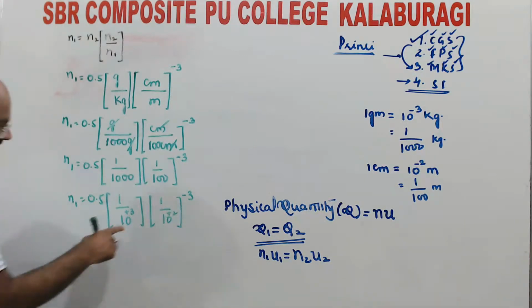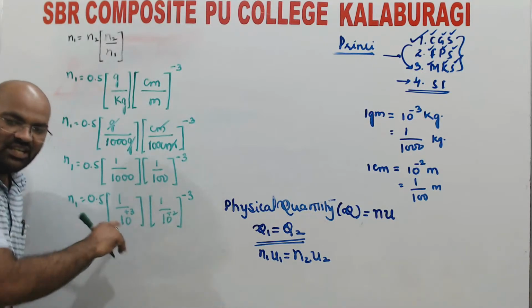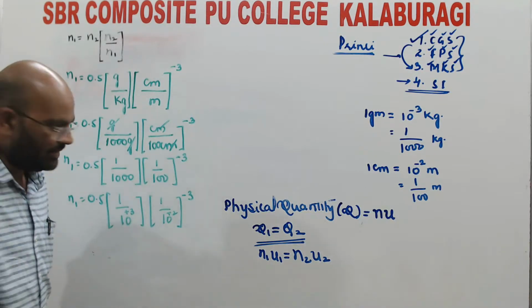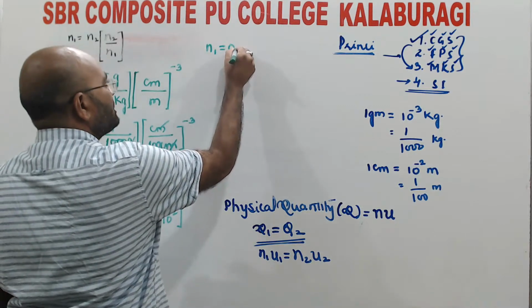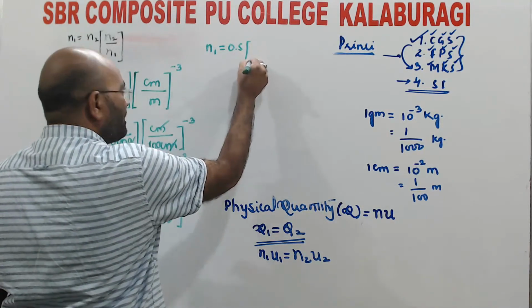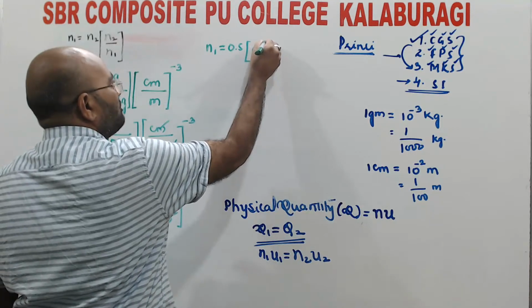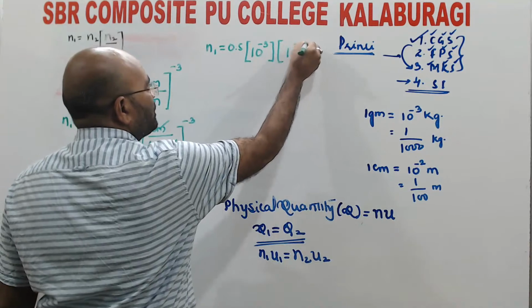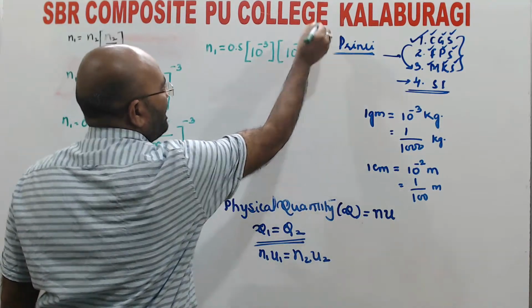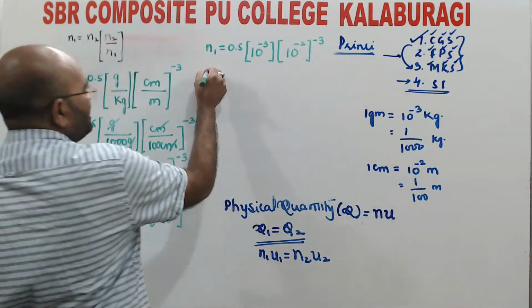Then simplify this. When a power is in the denominator and it goes to the numerator, it will become negative. Then N1 is equal to 0.5 into big bracket 10 to the power minus 3 into 10 to the power minus 2 whole to the power minus 3.